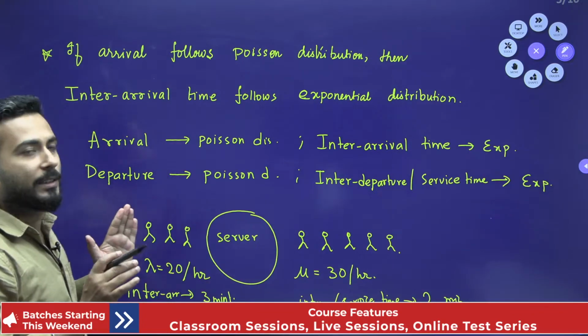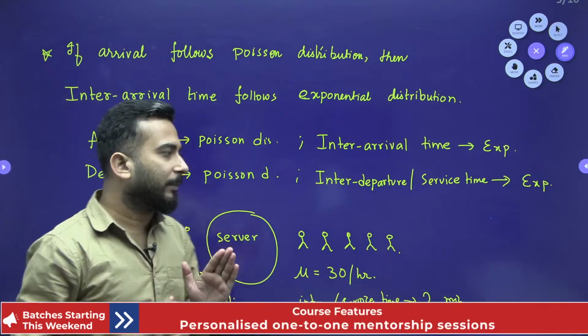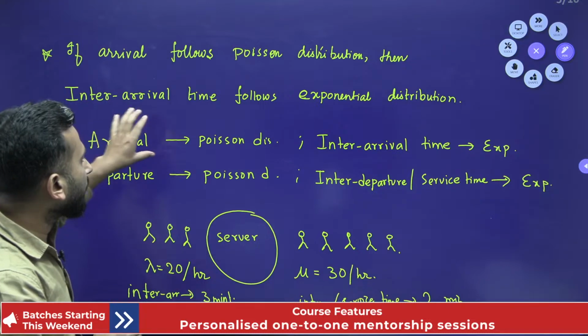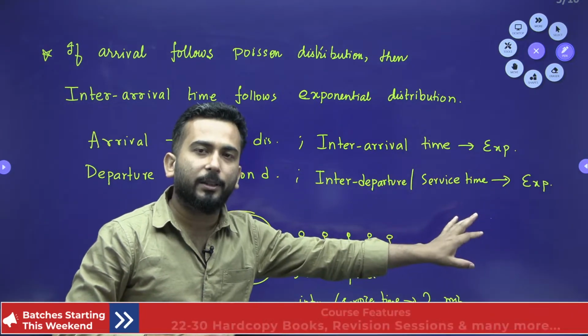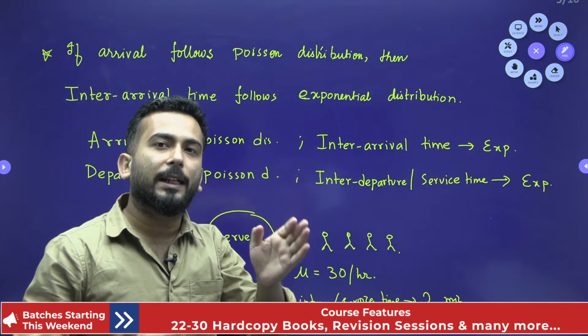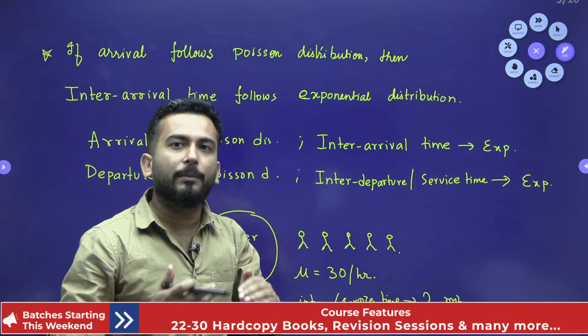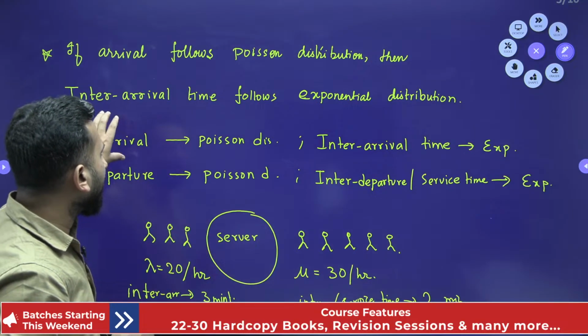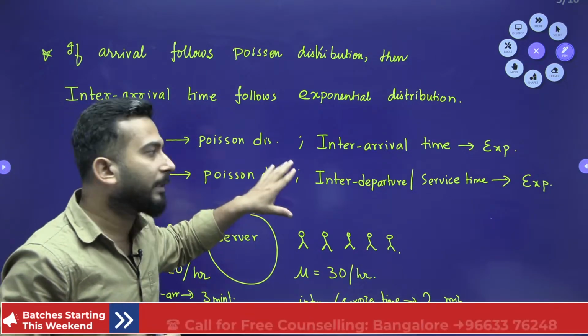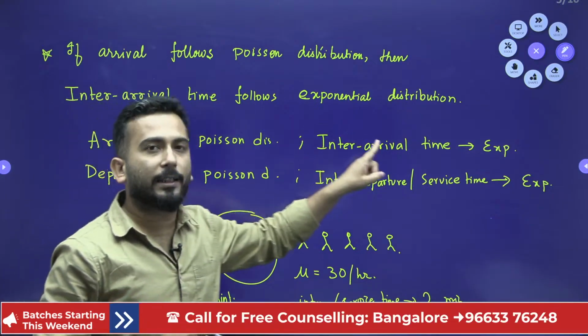So now my dear friends, the most important statement is: arrival follows Poisson distribution, service time follows exponential distribution, and this is the statement that we learn by heart. You should be very careful that when he is saying that arrival follows Poisson, he means arrival, not inter-arrival time.